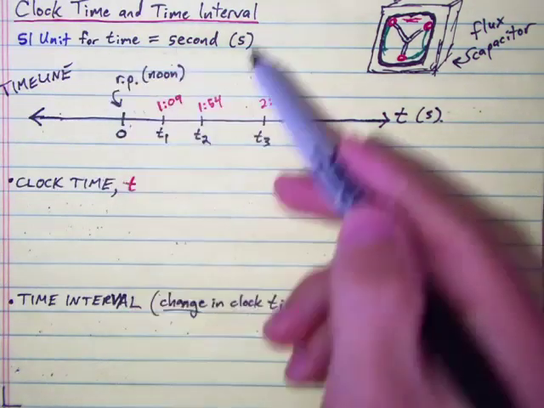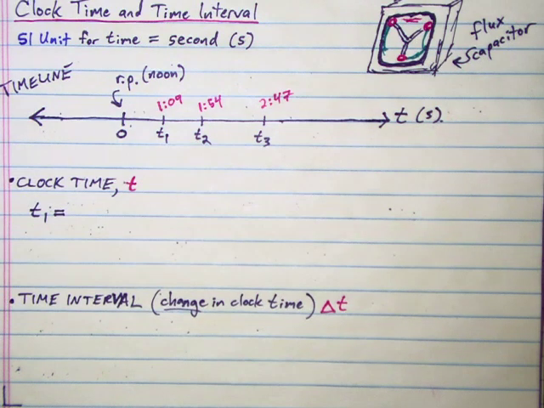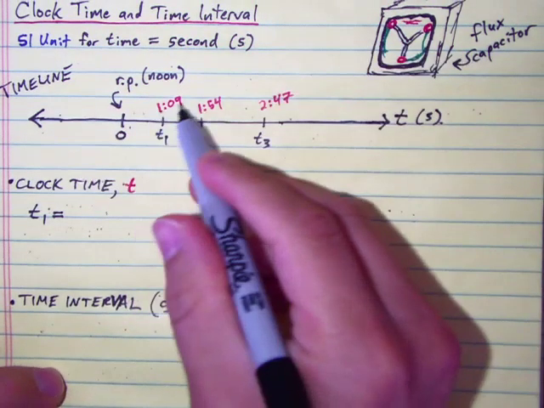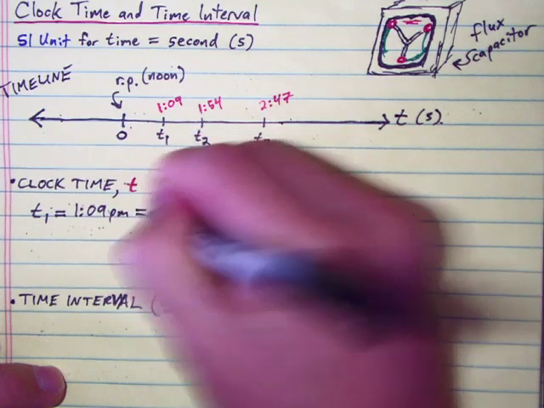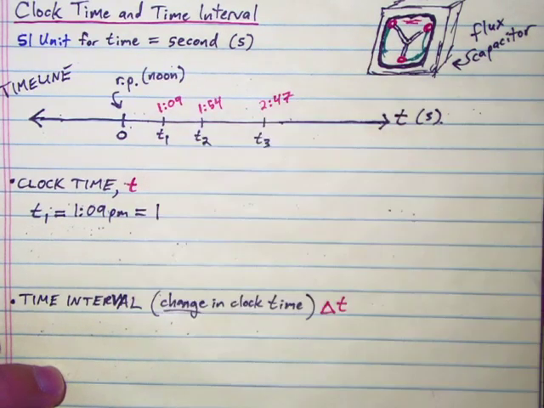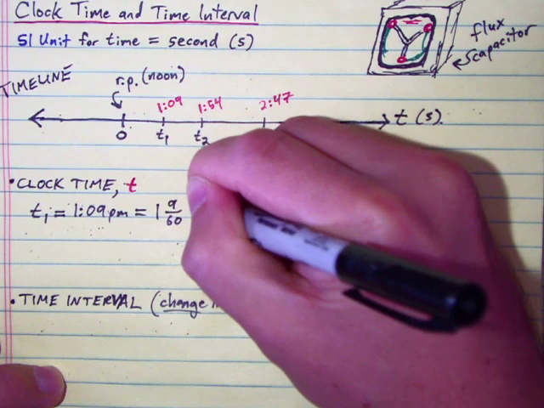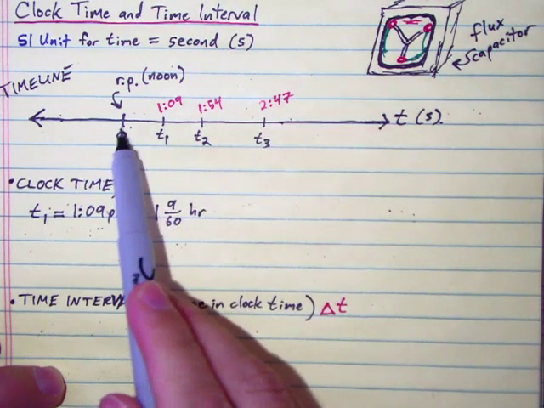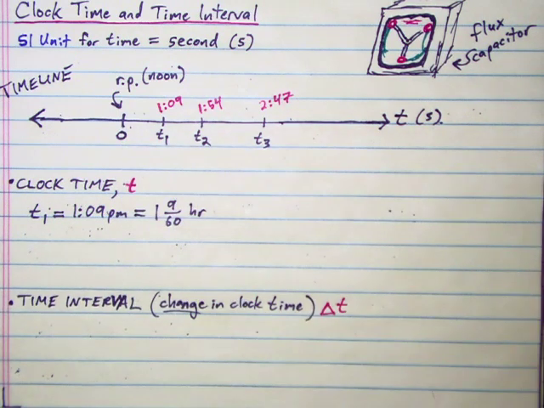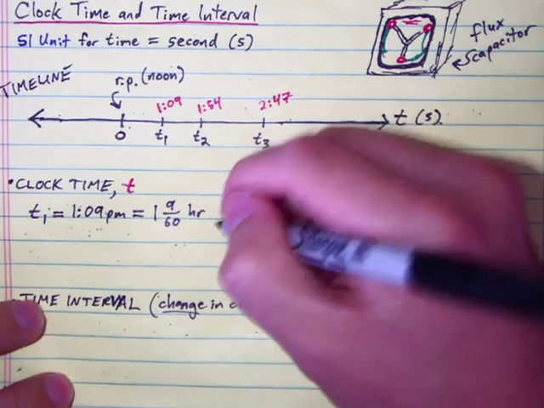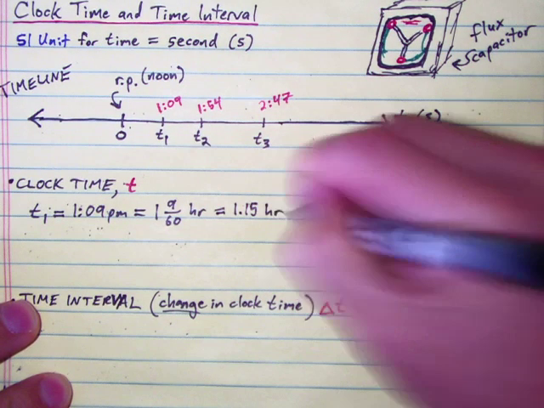Now, the SI unit for time is seconds, so we need to get these times into seconds to be able to use them in calculations. So if T1 occurs at 1:09 p.m., we can write that as being 1 hour and 9/60ths of an hour after noon, after our reference point. So that first event occurs 1 and 9/60ths of an hour after our reference point. 9 divided by 60, we can convert this into a decimal. That's 1.15 hours.